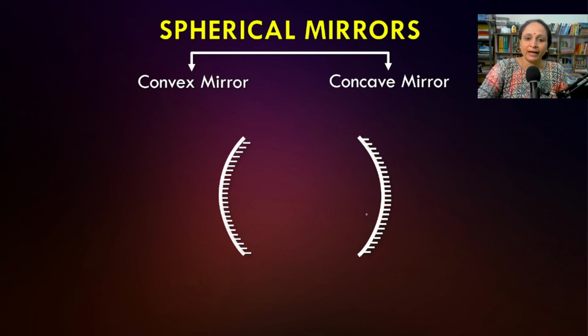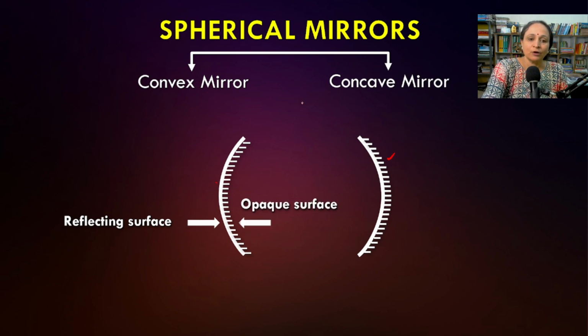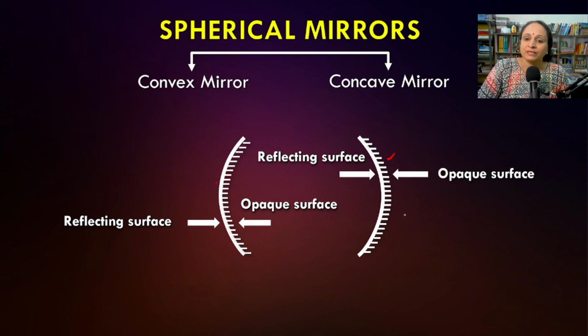The inner portion becomes reflecting. Such a mirror is called the concave mirror. So the reflecting surface of the convex mirror is outside the sphere, and in the case of the concave mirror, the reflecting surface is the inner surface and the opaque surface is the outer surface, right?